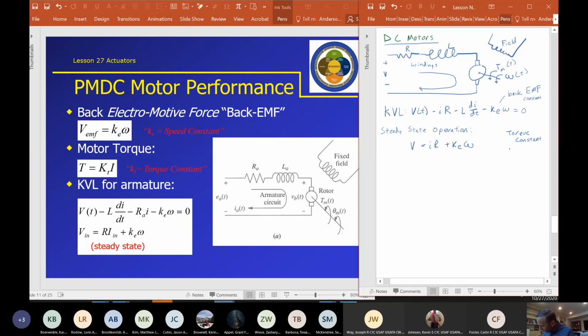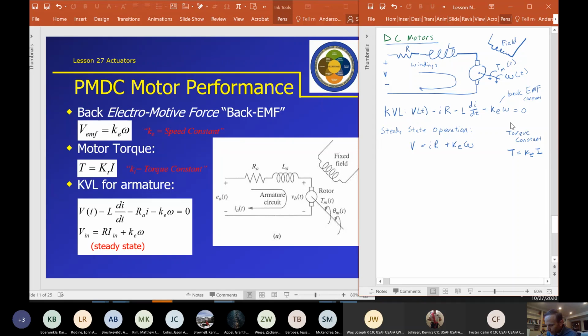And that is that T equals K sub T I. Now, one of the neat circumstances of physics is that KT and KE are actually equal if you get into SI units, proper units.